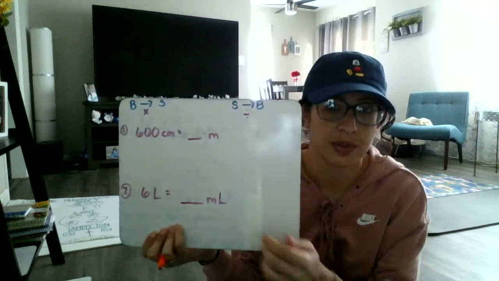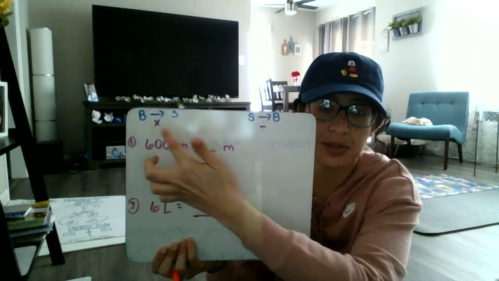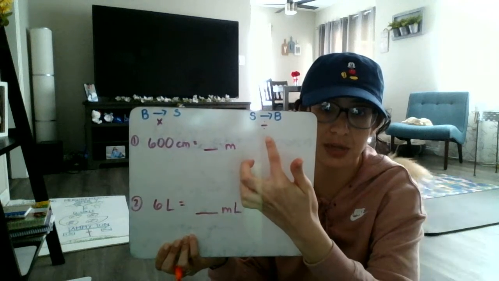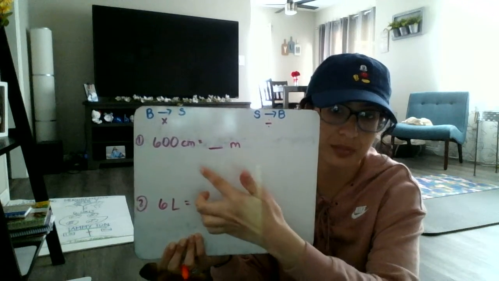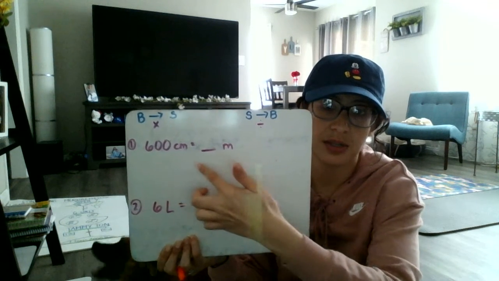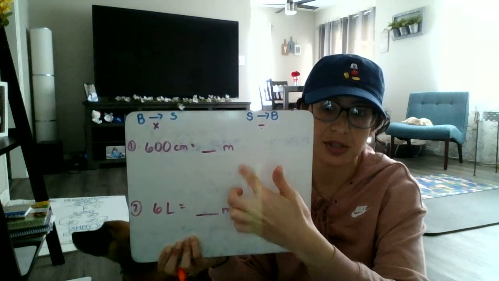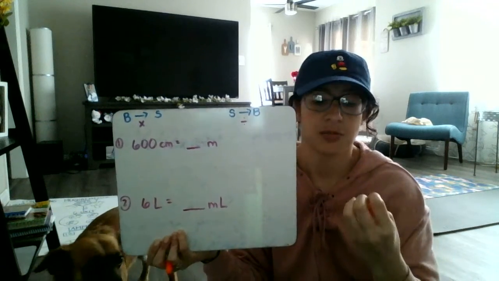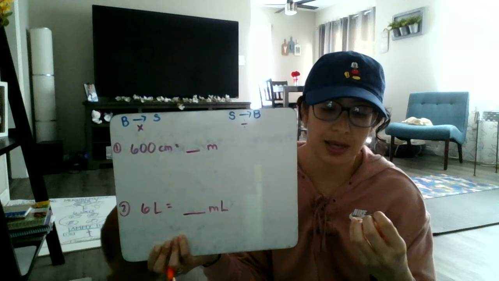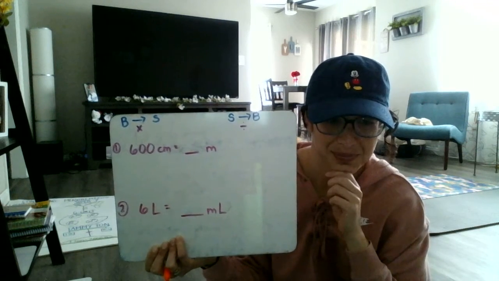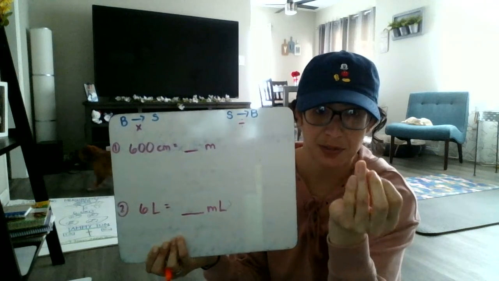Alright, so if you can remember this rule, when we go from big units to small units, we multiply, and when we go from small units to big units, we divide. Okay, so we're going from 600 centimeters, and we want to change it into meters. If you remember from the last lesson, 1 centimeter is like the size of your fingernail.